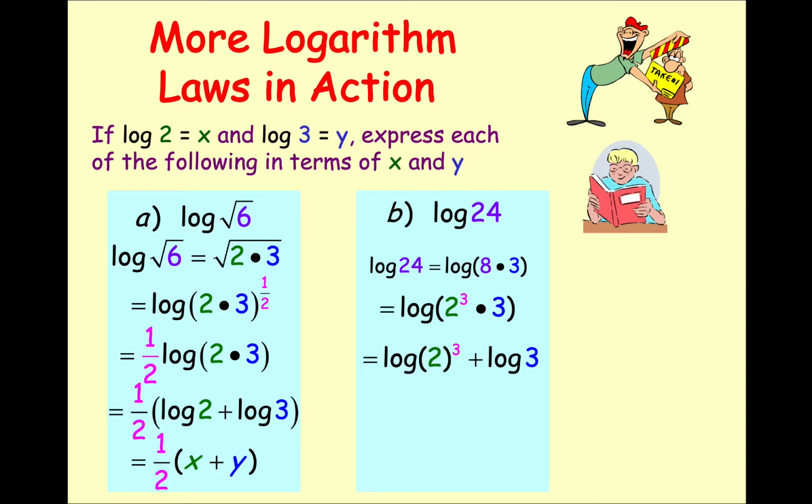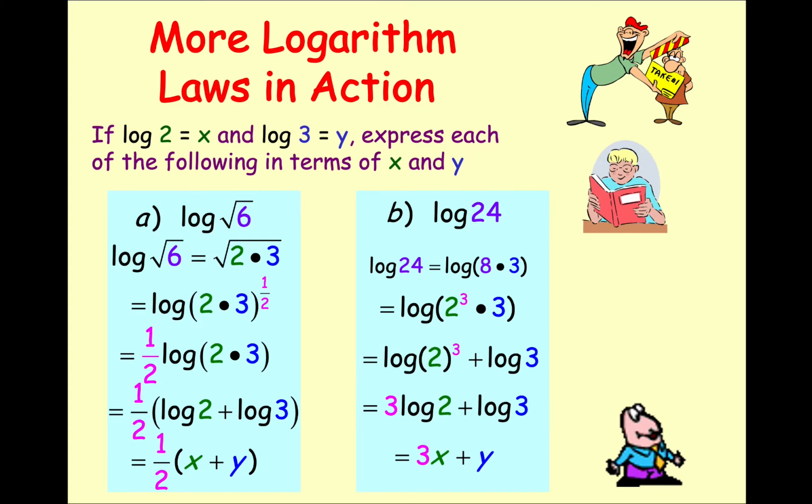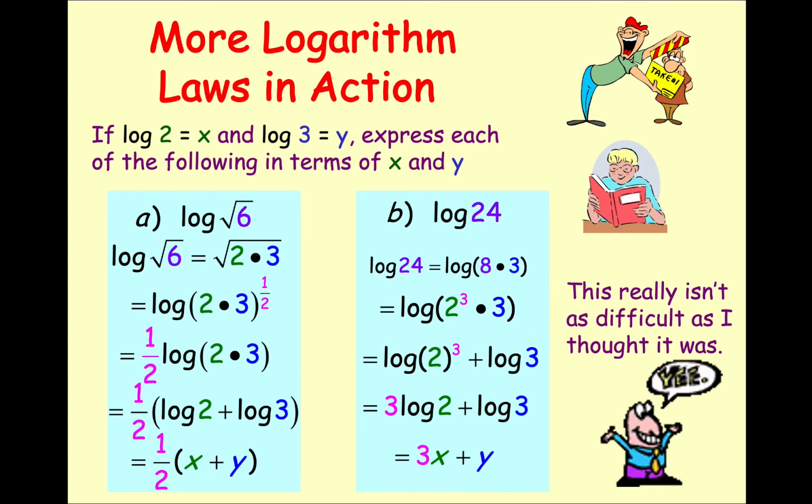Bring the power to the front, so we get 3 log 2 plus log 3. Well, we know that log 2 is x and log 3 is y, so we get 3x plus y. If you practice, they're not as difficult as you think.